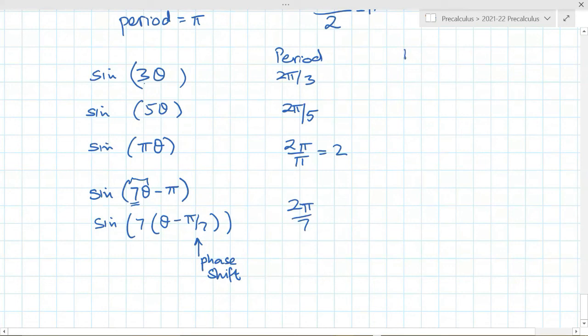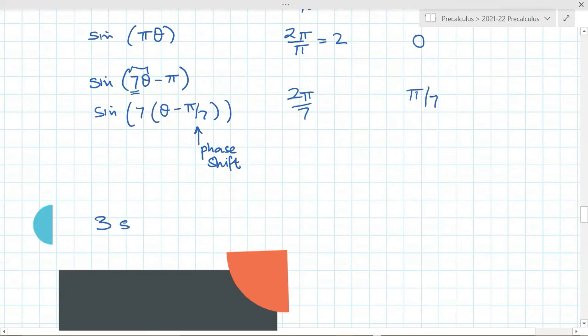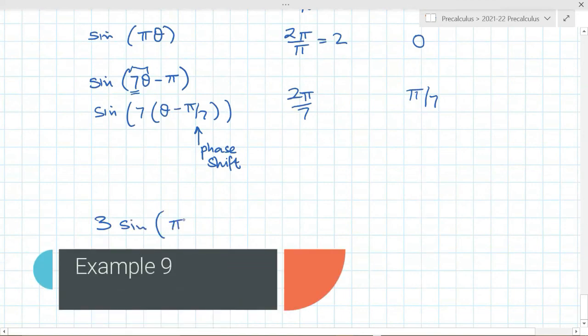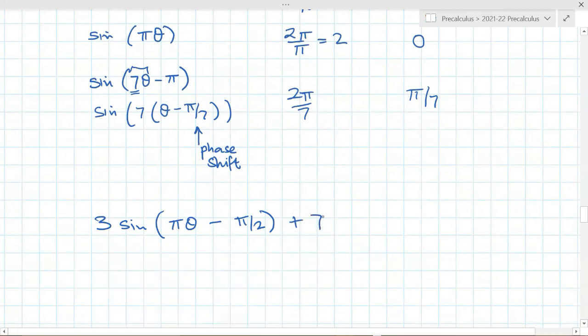Here the phase shift is 0. And here, what is the phase shift? Pi over 7 is the phase shift. Now 3 sine pi theta minus pi over 2, plus 7.